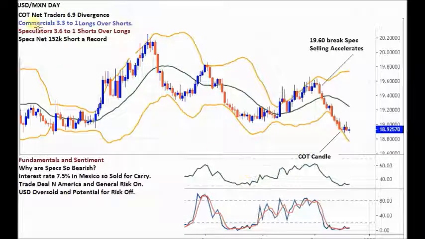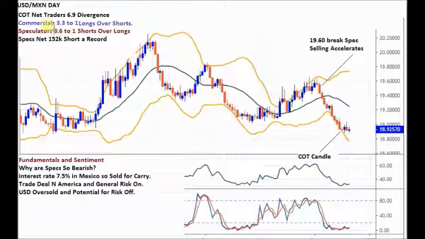Now, in terms of how short speculators are, let's have a look at the COT Net Traders positions, our favorite sentiment tool in Forex trading. If you're new to our videos, fantastic tool, totally free, comes from the CFTC each week, and it will tell you what two key groups have got in the market in terms of actual positions. Commercials are the smart money, okay? We're looking for them to go against the speculators.